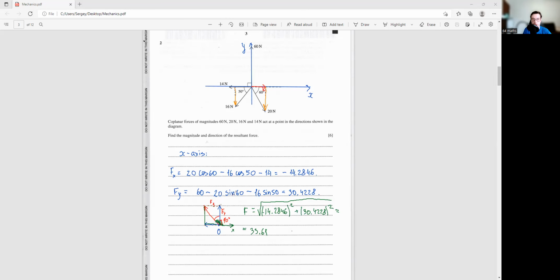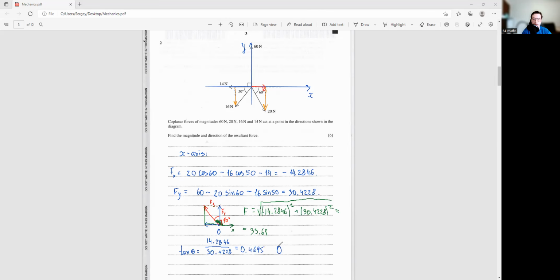Now, what can we possibly use? We got opposite, we got adjacent, so we can use the tangent. So I would say tangent theta equals opposite, which is 14.2846, over adjacent, which is 30.4228, approximately 0.4695.